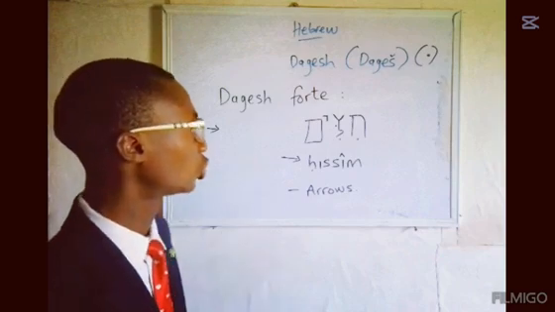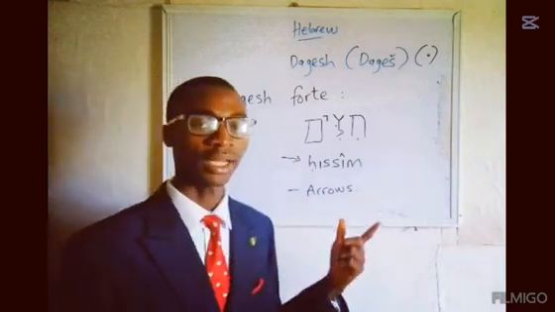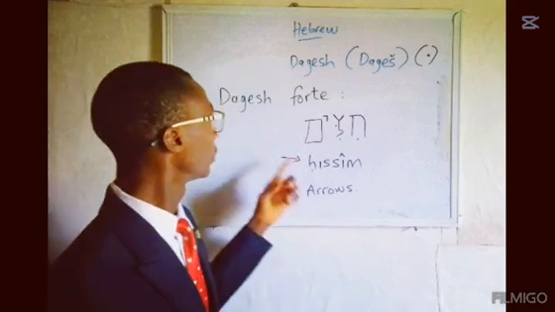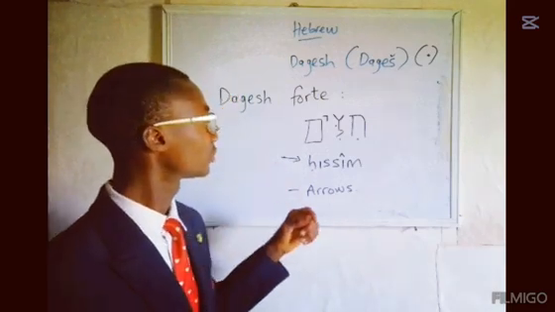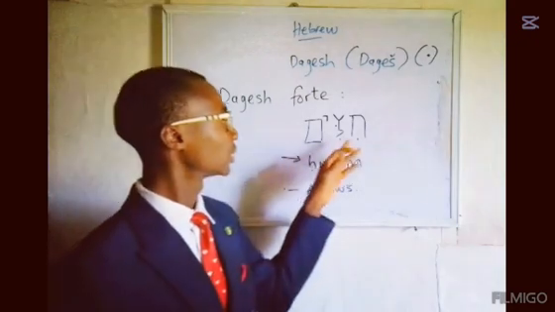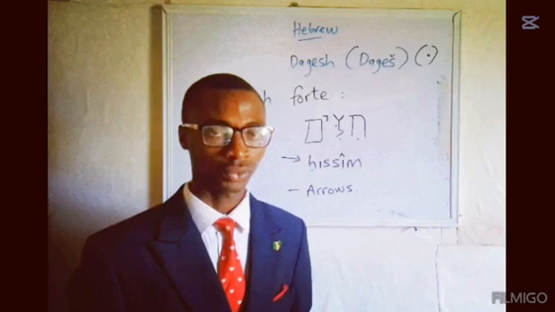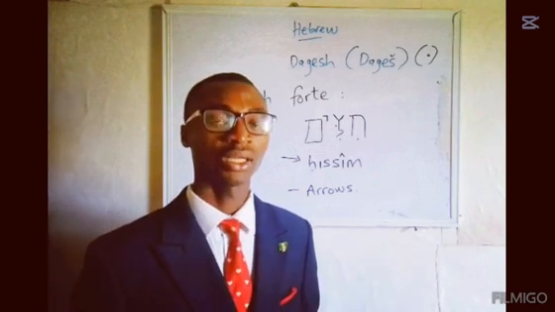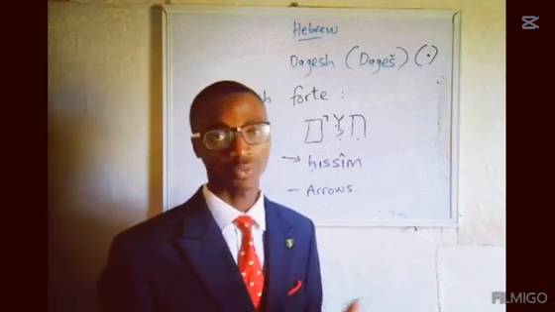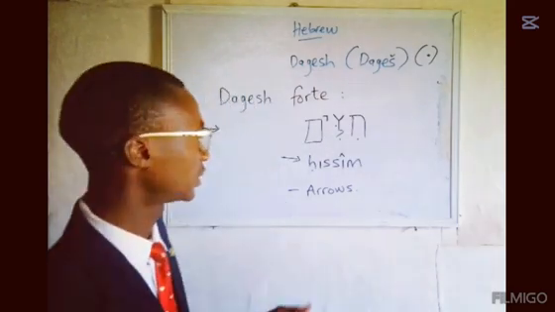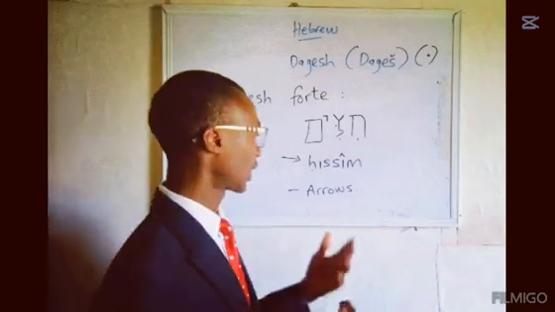And another thing to also note about the Dagesh Forte is that the Dagesh Forte follows either a short vowel or a long vowel. So in other words, they are formed after full vowels. In Hebrew we have the short and the long vowels, like Qamets, like Hireq, like Tsere.